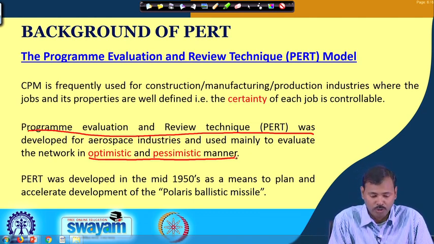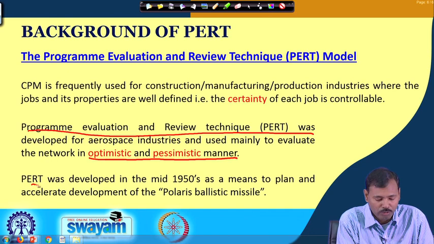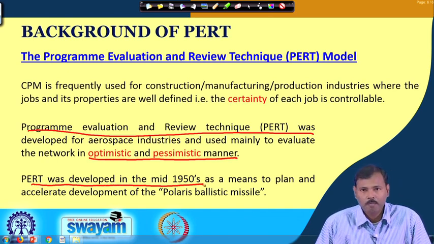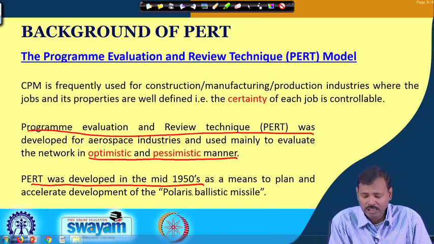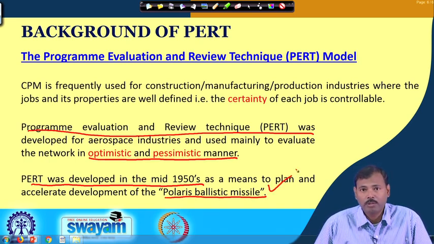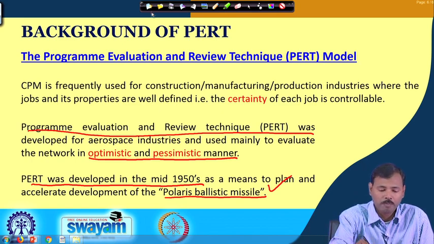It was developed in the 1950s, while the designing of Polaris ballistic missiles was carried out, when the developmental research was carried out. That time, instead of the deterministic approach, a probabilistic approach was first developed to identify the uncertainties associated with the different jobs in those projects.